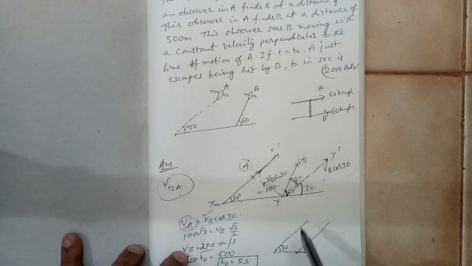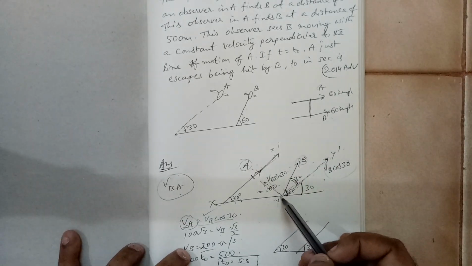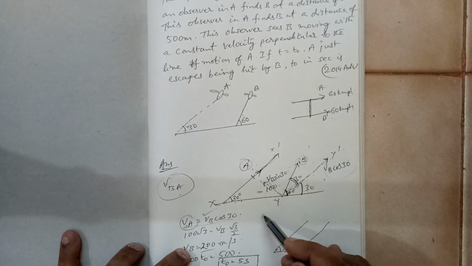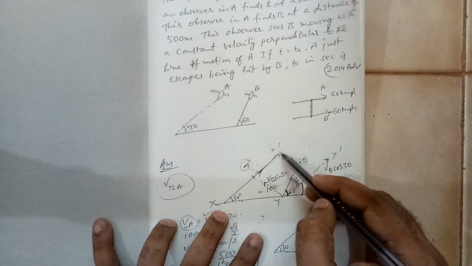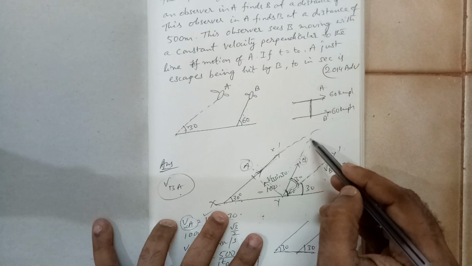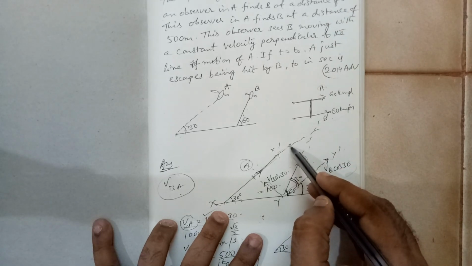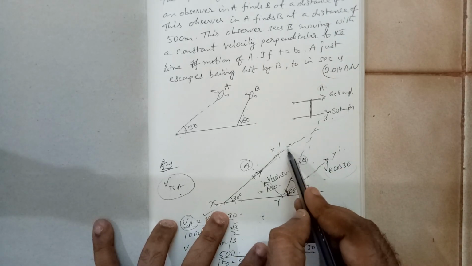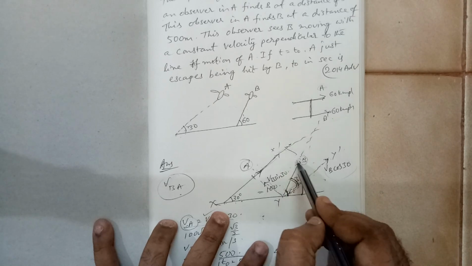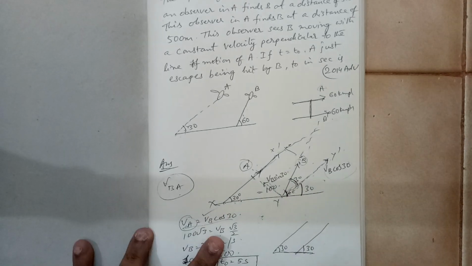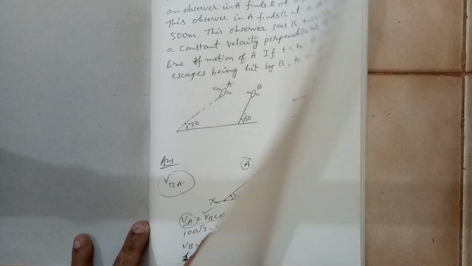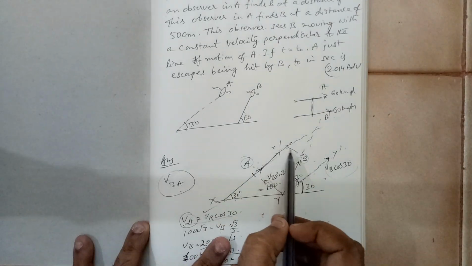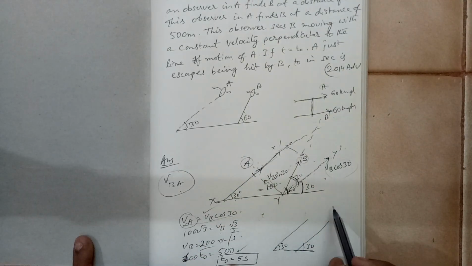Actually, a person on the ground knows that it is going like this, and will think it is going to hit somewhere here. But a person in A feels as if you draw a perpendicular from A, he is able to see the person B. So this distance is provided as 500 meters.